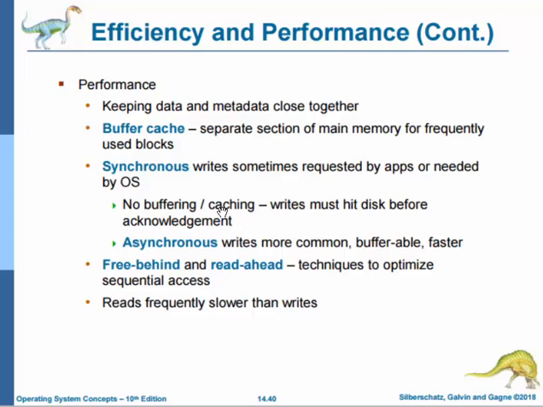Now, even after the basic file system algorithms have been selected, we can still improve performance in several ways. Some systems maintain a separate section of main memory for a buffer cache, where blocks are kept under the assumption that they will be used again shortly.